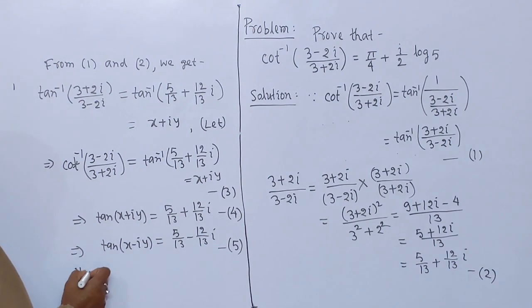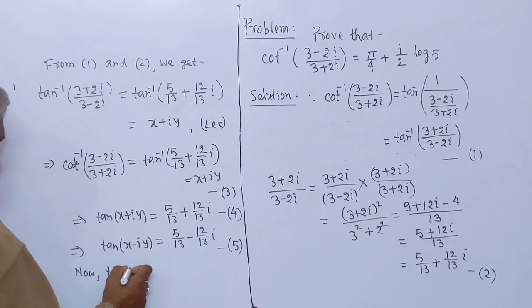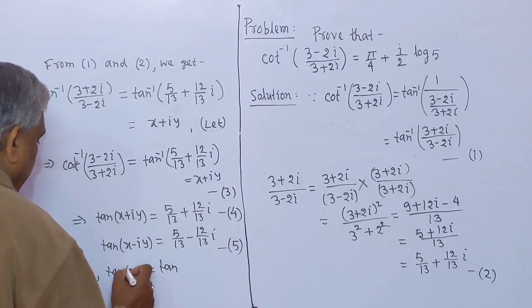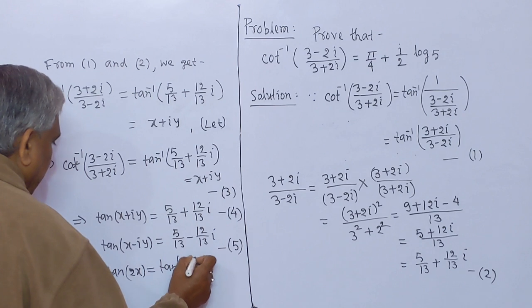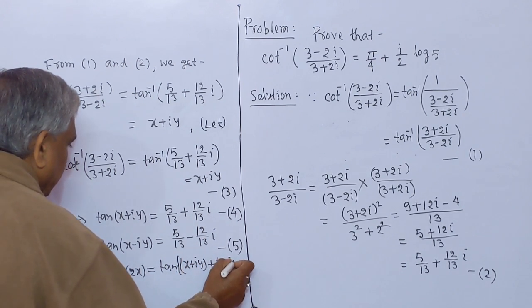Now tan 2x equals tan of ((x plus iy) plus (x minus iy)).